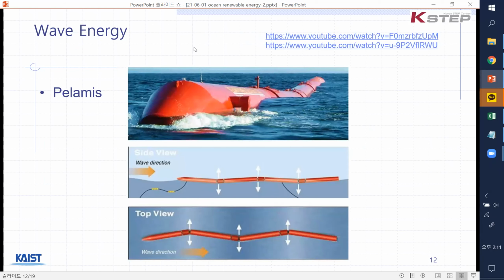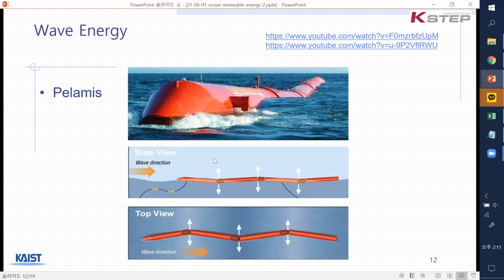Okay, we are moving on to wave energy now. Wave energy at the ocean surface only. There is also internal wave, which we will cover later, but that is not used for energy generation. So Pelamis looks like this snake on the surface.